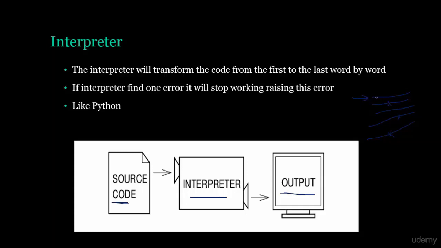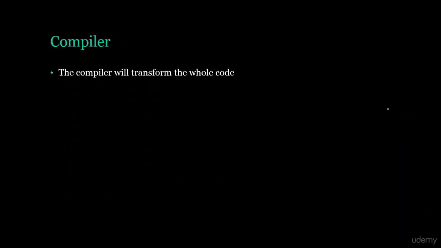It will transform this line, then will move here, and it will transform this line. It will find this error. The interpreter will raise this error, but those lines here will not be transformed until this error has been fixed.